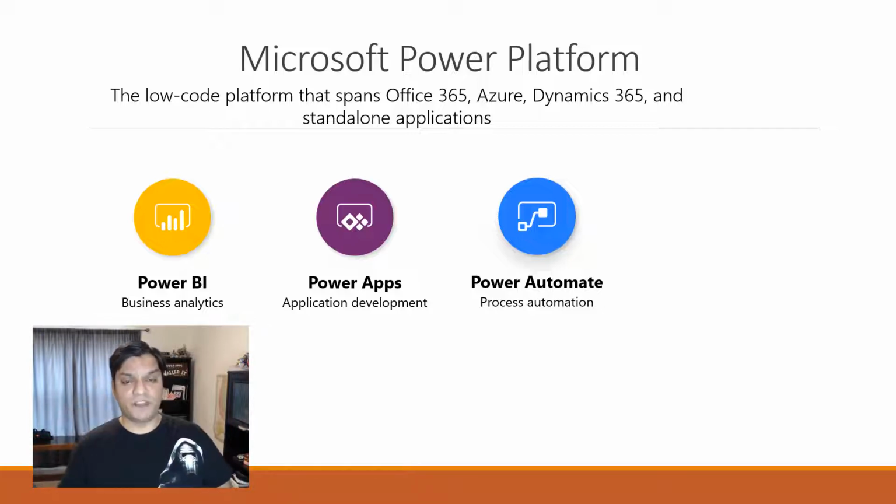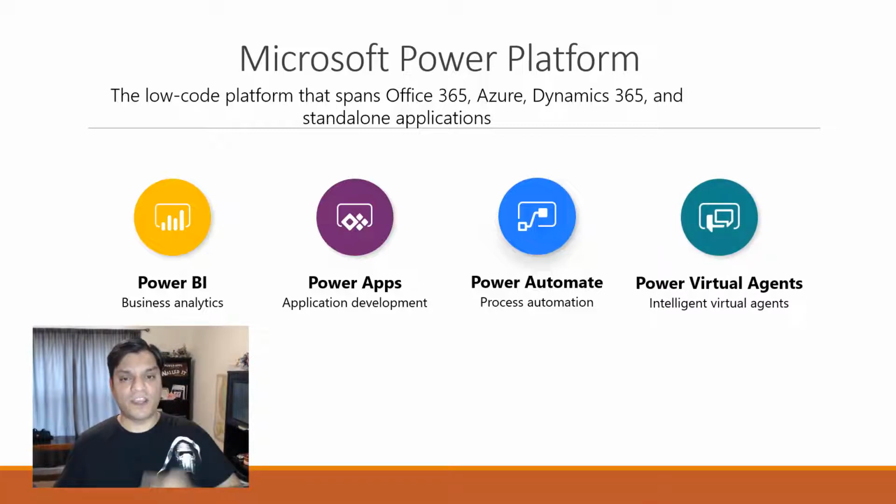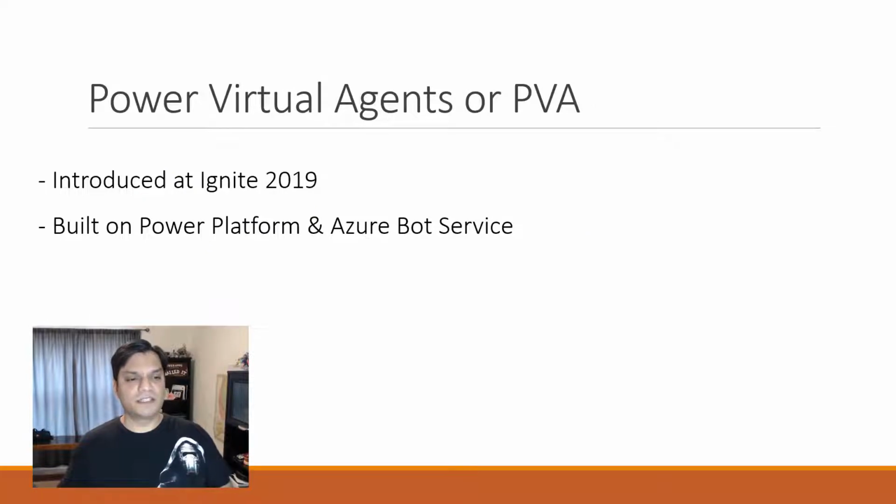These were the original 3 family members. But back at Ignite of 2019, which was just November, it wasn't too far away, that's when they introduced the 4th family member, which is PVA, or Power Virtual Agents. So in a nutshell, Power Virtual Agents was introduced at Ignite of 2019, and it is part of the Power Platform.